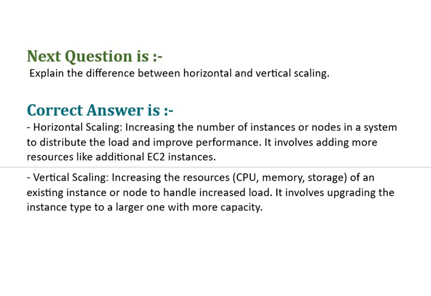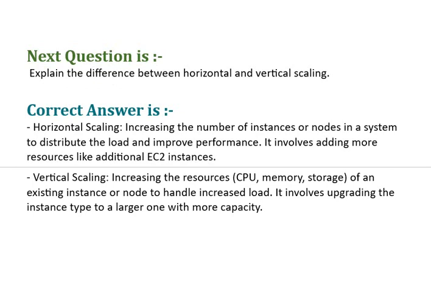Correct answer is, horizontal scaling, increasing the number of instances or nodes in a system to distribute the load and improve performance. It involves adding more resources like additional EC2 instances.